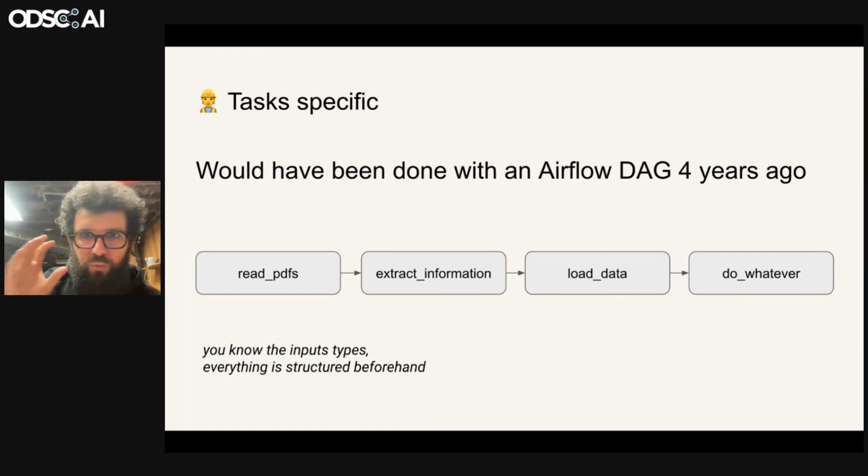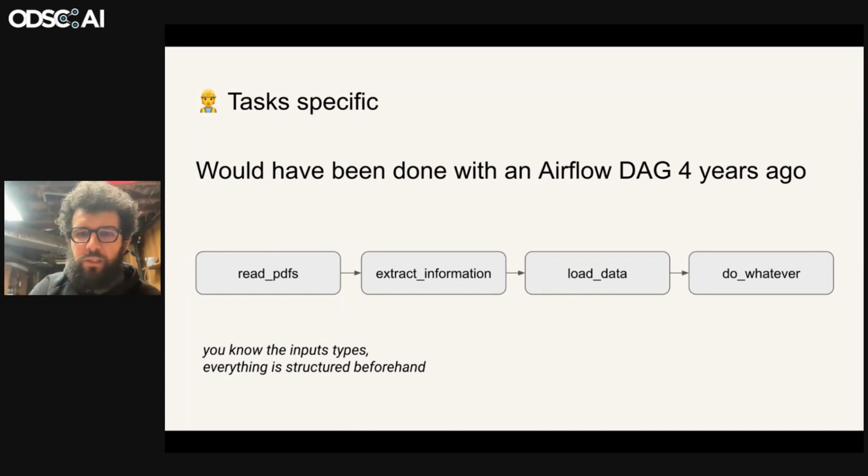This is super specific. This is something we were doing in data engineering for years. We had specific DAGs. We know the input types. Everything is super structured. It's deterministic. And this is the way we would have done this PDF parsing thing years ago.